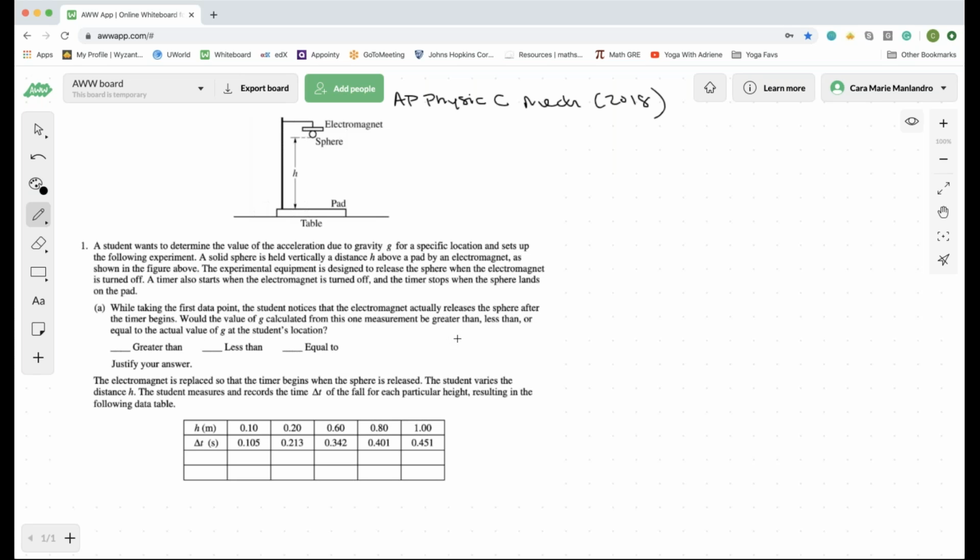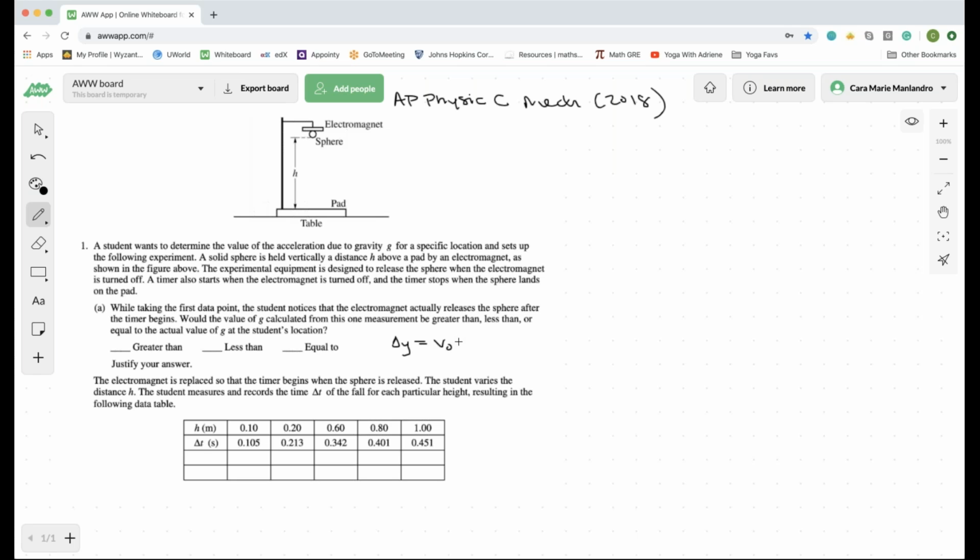All right, so we should be thinking about a kinematics equation here. Which equation should I be thinking about? I'm going to assume everybody's typing.